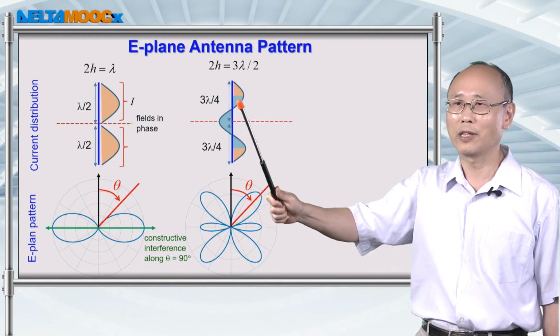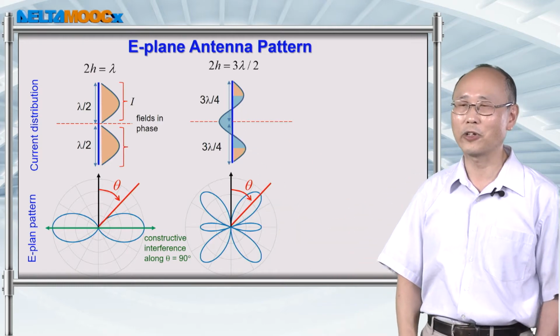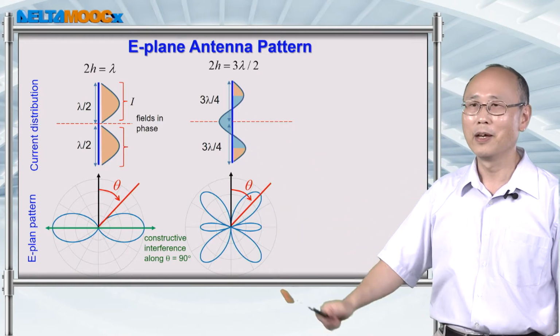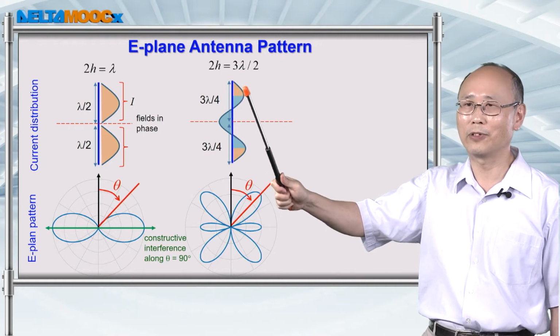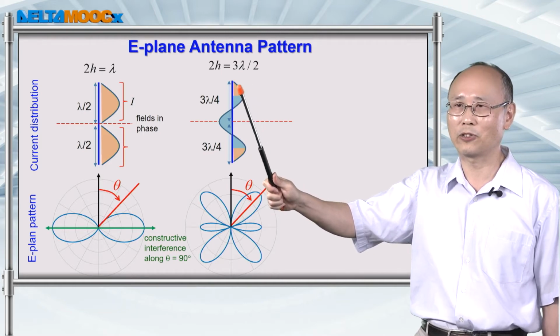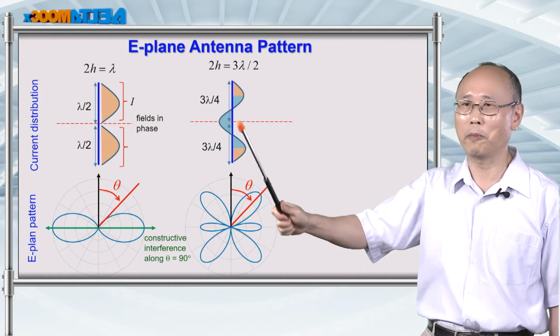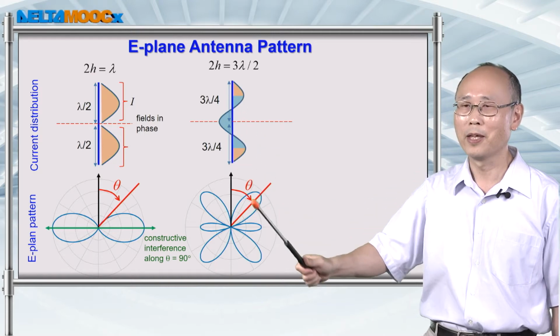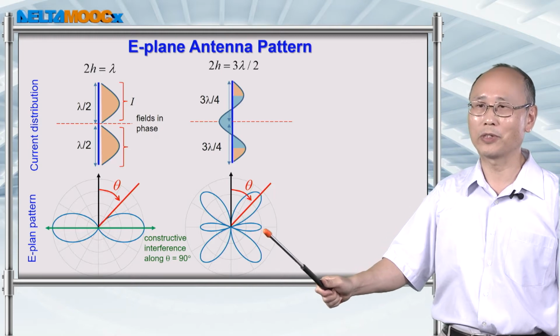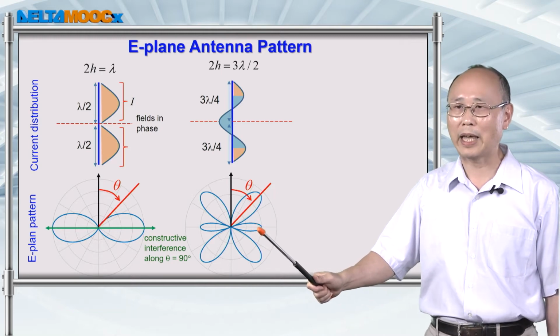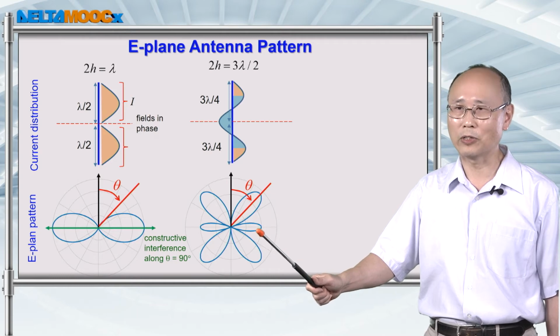You can see their phases are 180 degrees different. Therefore, the only field left for being constructive is going to be this purple part and also this purple part. So you can still have some radiation along theta equal to 90-degree direction, but the intensity is greatly reduced.